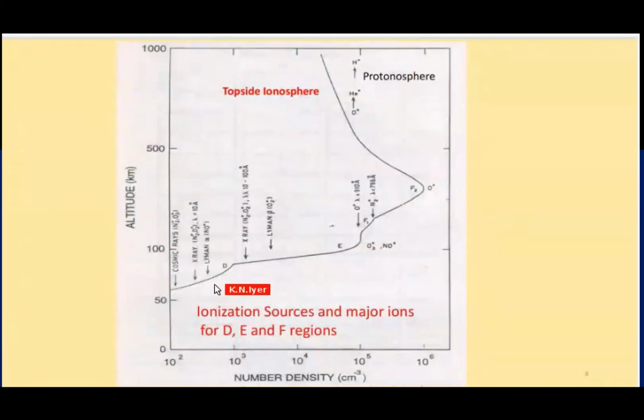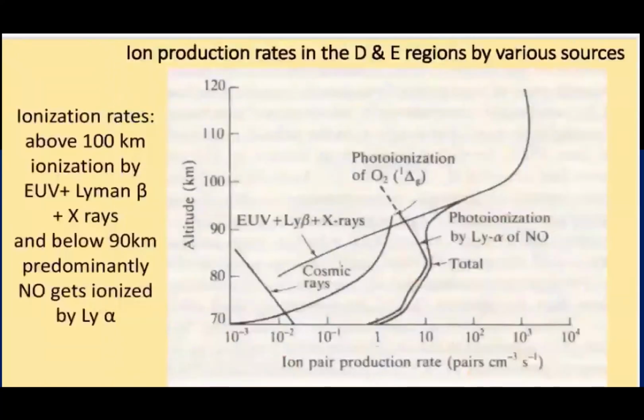So these are again the various ionizing sources, various nomenclatures, various positive ions, and how the importance of the ions varies with respect to height. The lighter ones become important at higher and higher heights.